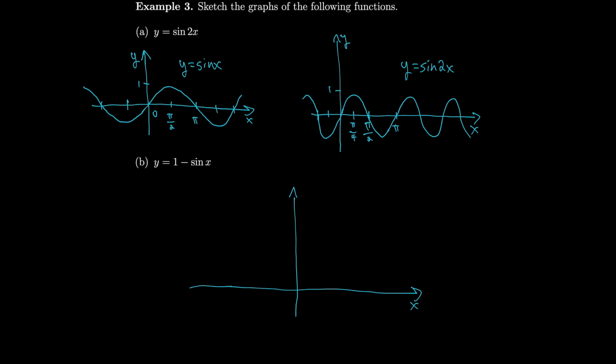Okay, so it should have had a maximum at pi over 2. So instead now, because we're flipping it up and down, it has a minimum at pi over 2. And instead of being 0 at pi, it's going to end up being 1 at pi.